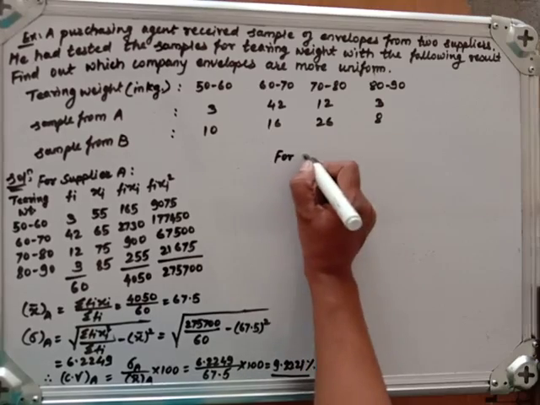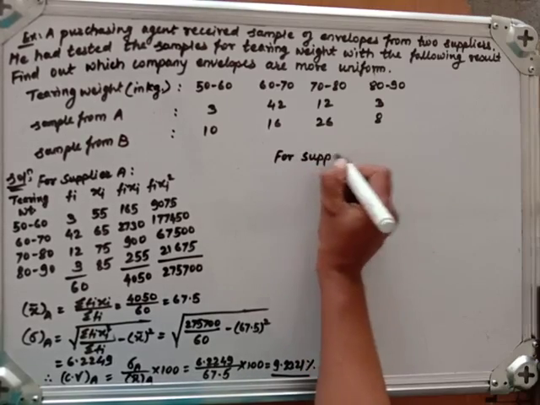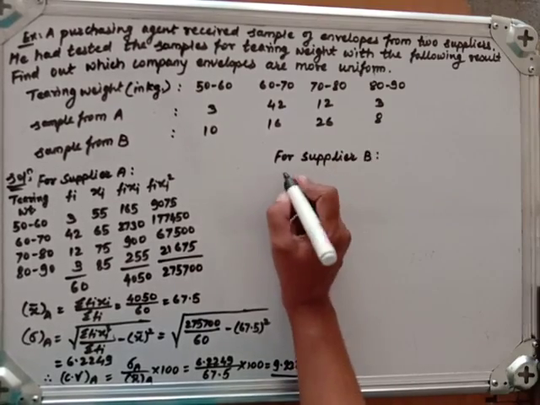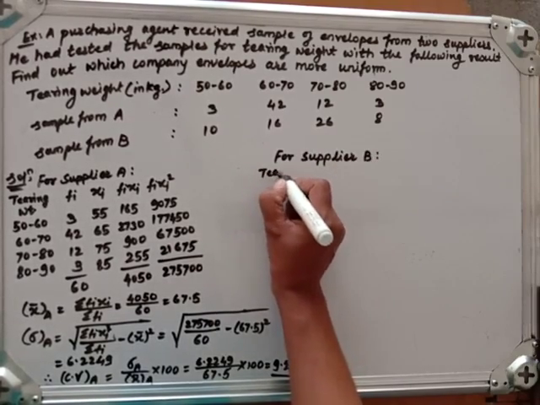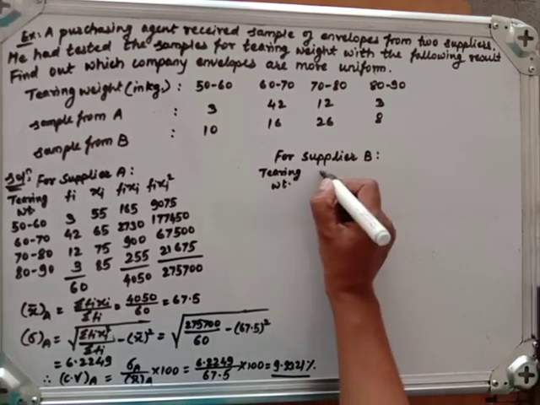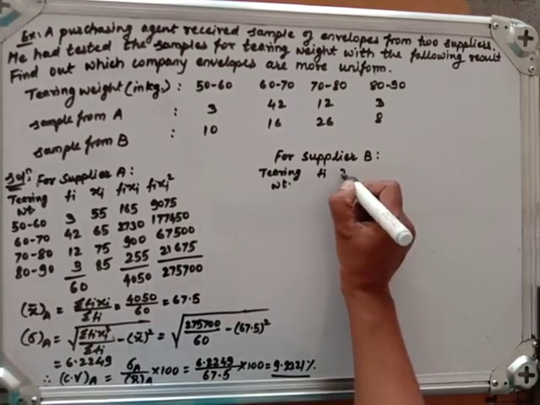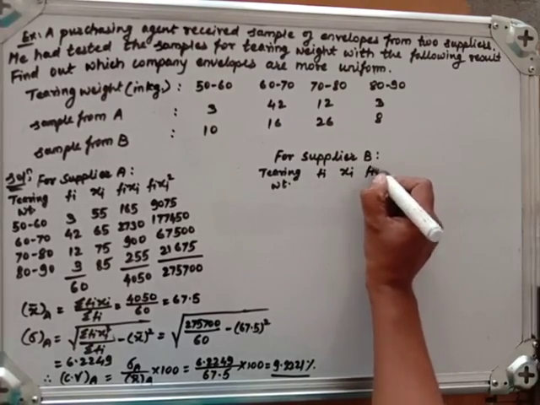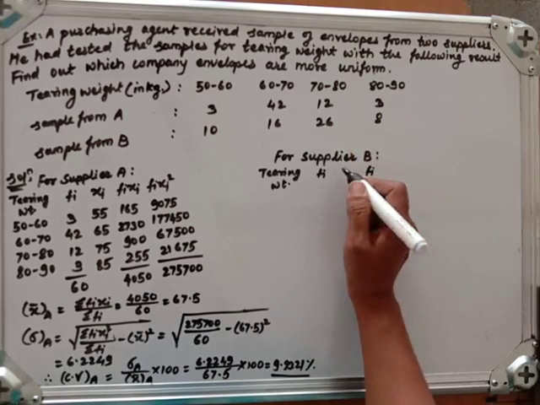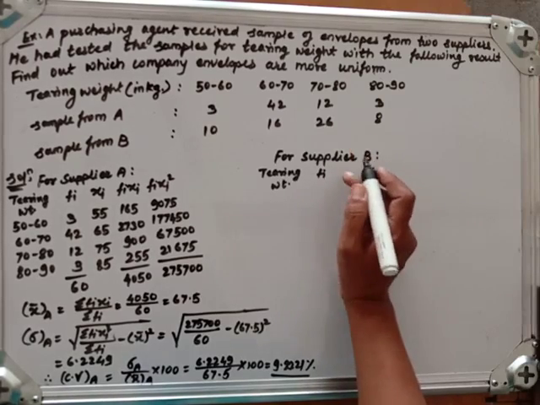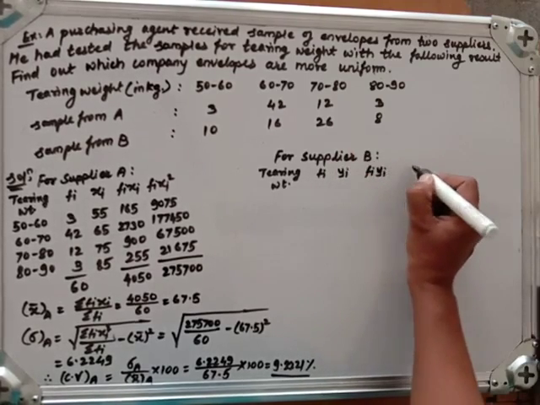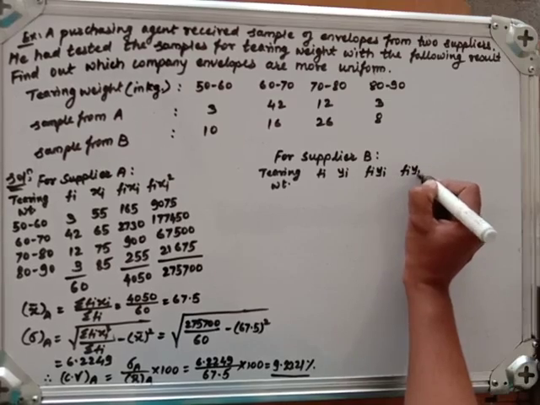Now for supplier B, let us determine that. Again, tabulating weight, FI, YI, then FIYI and FIYI square.